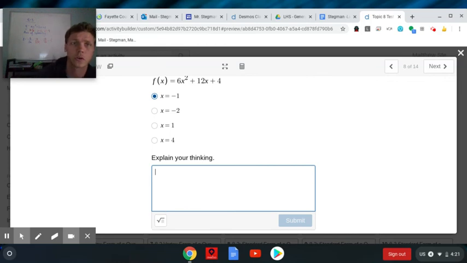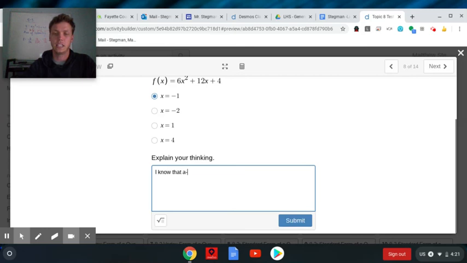You're only going to get partial credit if you get the answer correct, but you need to be able to explain how you got that answer. So in this, all I'm looking for is something like, I know that A equals 6 and B equals 12.